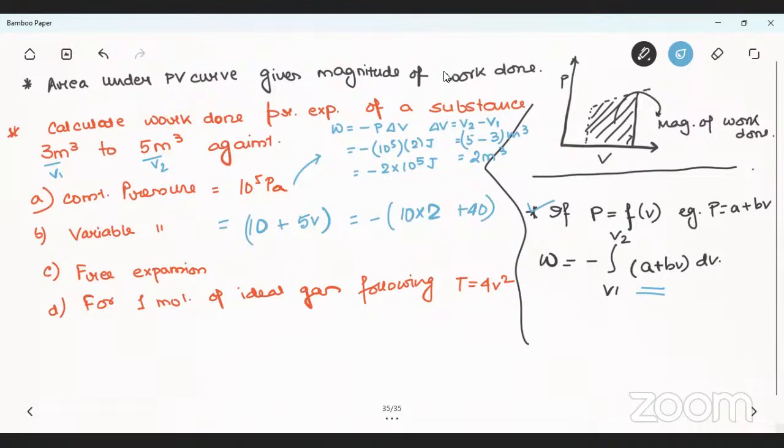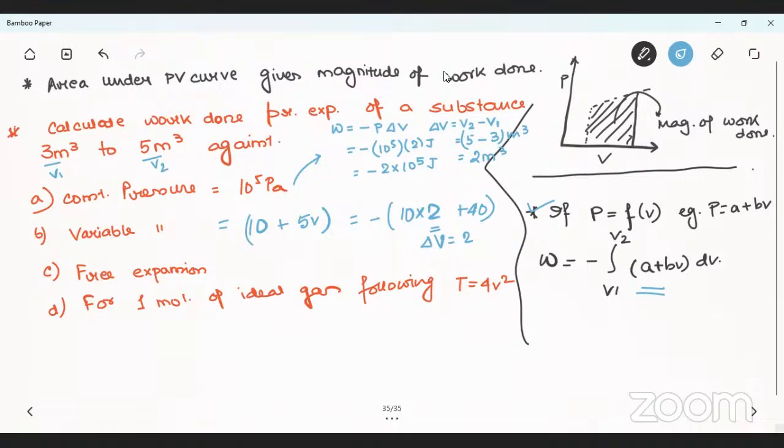Why have we done this? Because it is not a straight equation, right? Delta V is equal to 2, I have already shown you here. So that is coming from here. These are the types of examples that you can expect in your exam.